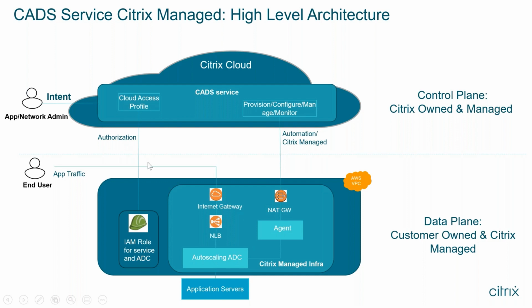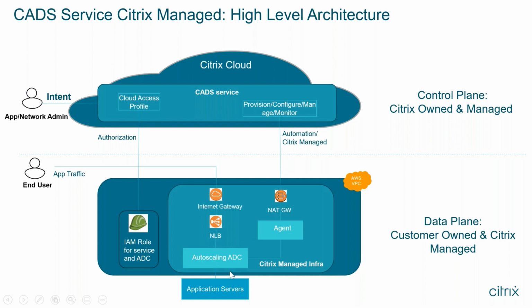Once you give the privileges, you just go and create your environment or your site where you want to deploy your applications or your ADCs. Once you click, with a single click, whatever infrastructure is required, like an auto-scaling ADC, agent, NAT gateway, internet gateway, NLB, everything is created automatically, provisioned, configured, and monitored automatically.